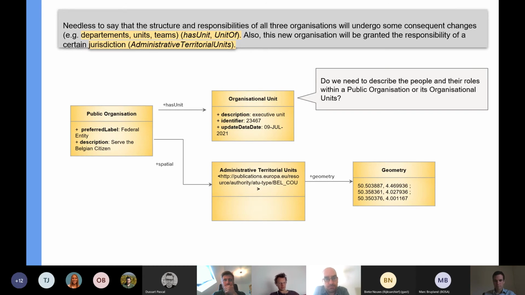I guess it is. Yeah. So you would include an agent class and also the specific roles this agent has within the public organization. Yes. Not starting from the viewpoint of it's a person whom we're describing, but it's an organization that has certain roles, capacities that must be filled in by law.